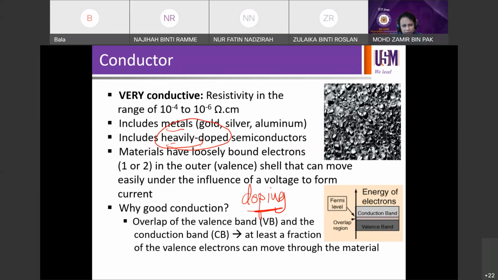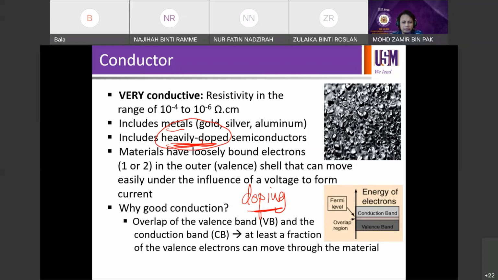Until they are called heavily doped. So we're going to learn about this heavily doped concept later on. And my point is, if you heavily dope the semiconductors, they can behave like conductors, even though they are still semiconductors, but their electrical properties are just like conductors, right? So in this case, they fall into conductor properties.